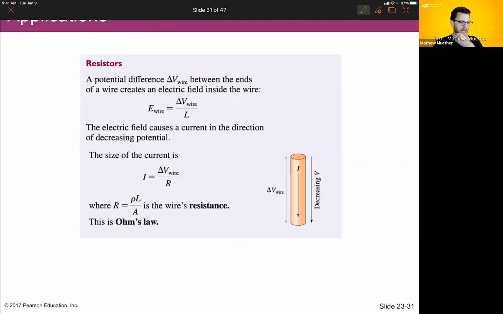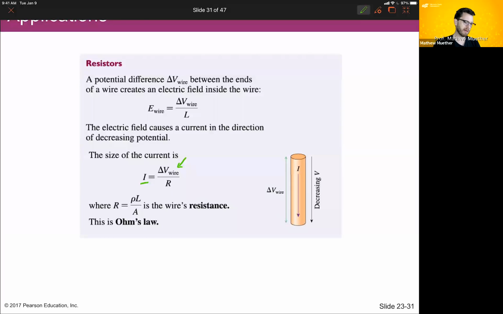And then the last bit that we want to focus on today is the relationship between the electrical current and the potential difference that gets set up across that piece of material.